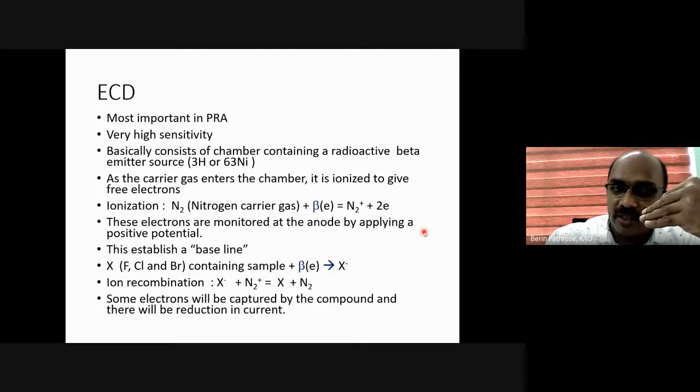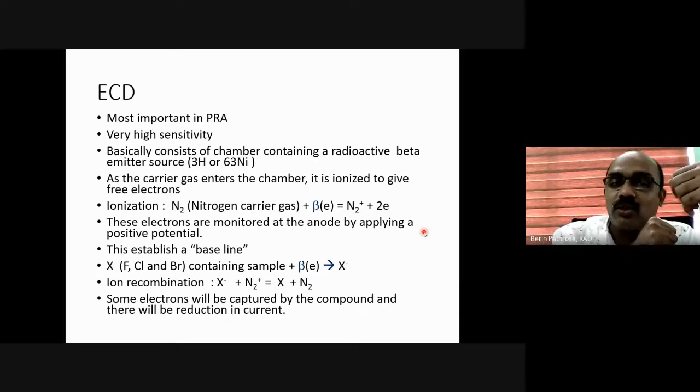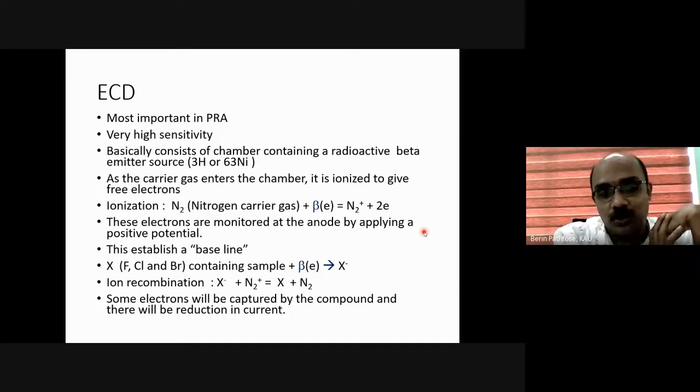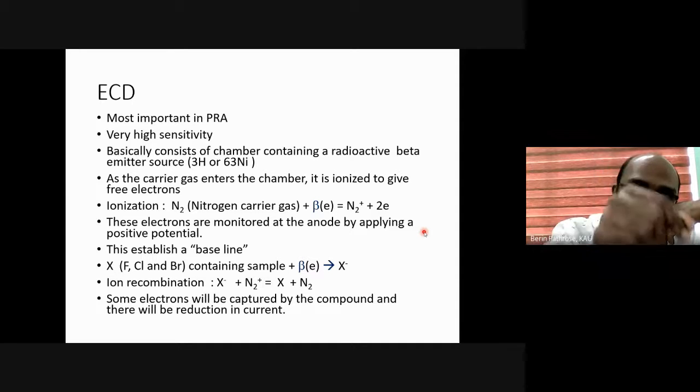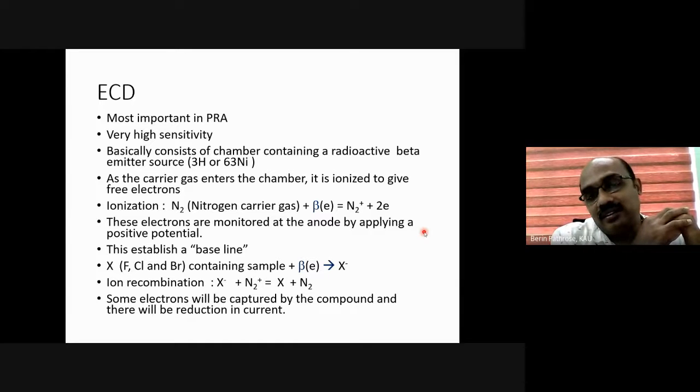Once it passes through a flow of electrons, it absorbs electrons, and there will be a drop in current compared to the flow of nitrogen gas alone. That drop in current will be measured and it will give a result.